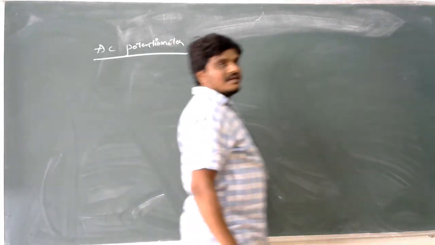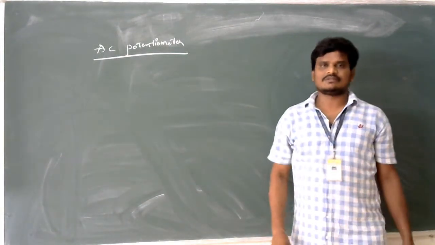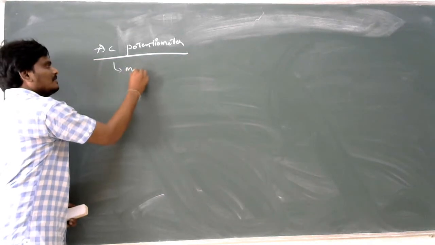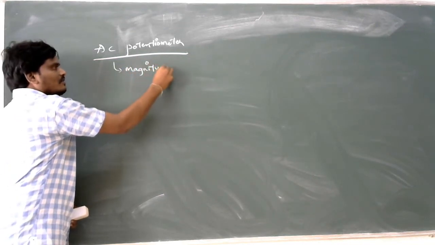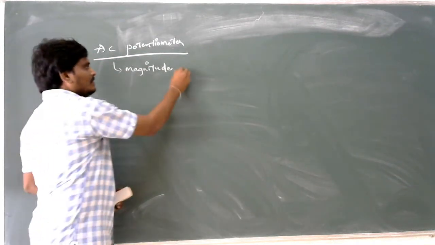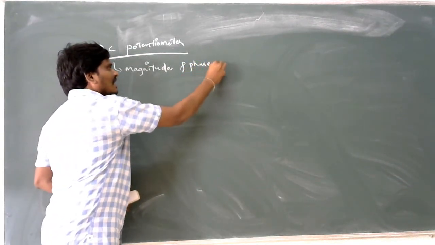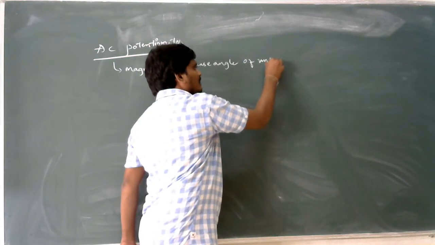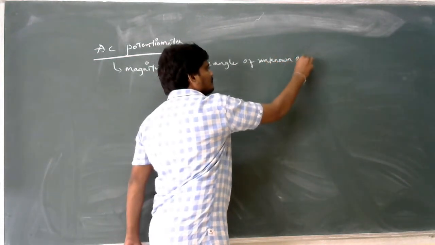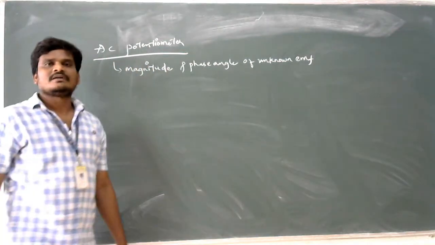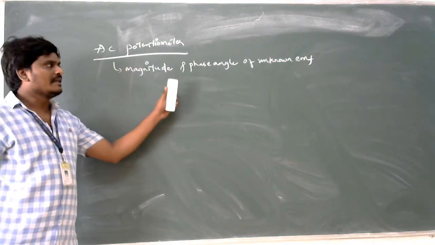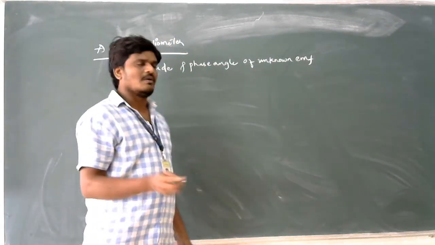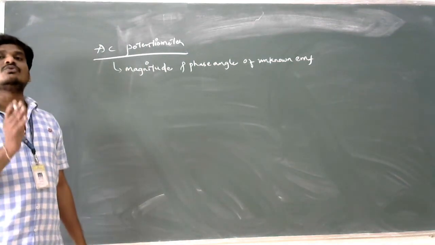The main function of the AC potentiometer is to measure the magnitude and phase angle of an unknown EMF, whereas the DC potentiometer, which we have come across, is used only to measure the magnitude.